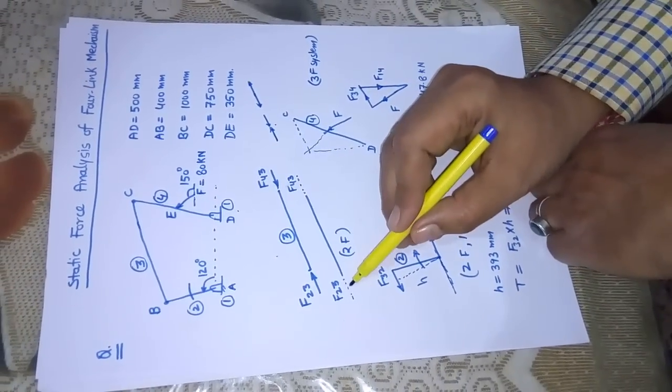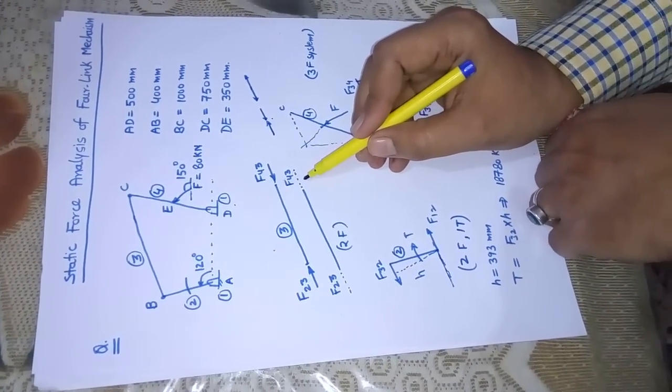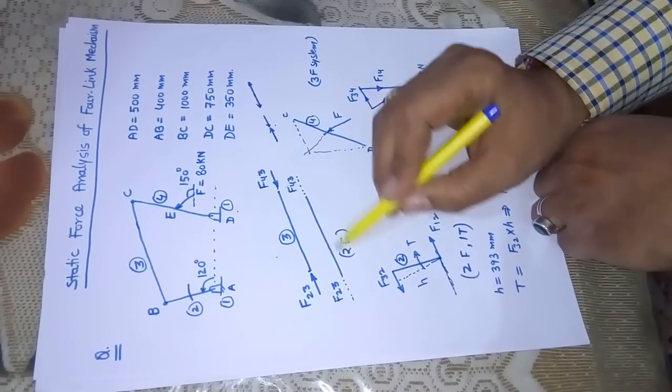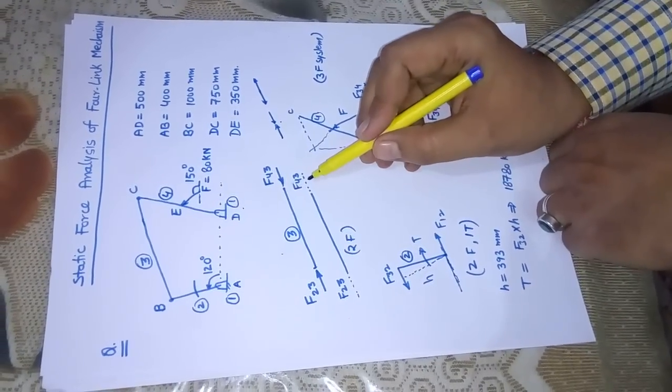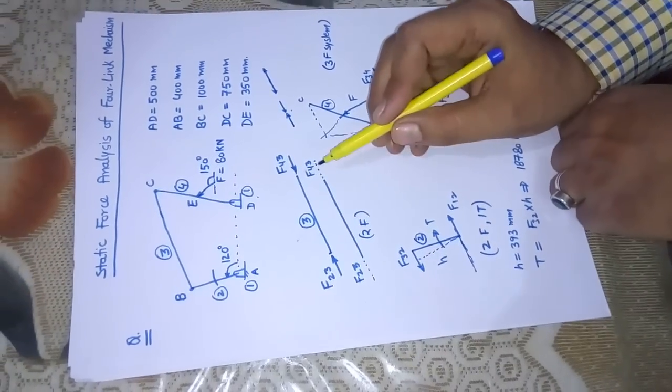So we have initially just drawn dotted lines indicating that we are not aware of the direction of the arrowhead, but we are aware of the line of action of this force. These two forces are going to be equal in magnitude but opposite in direction.